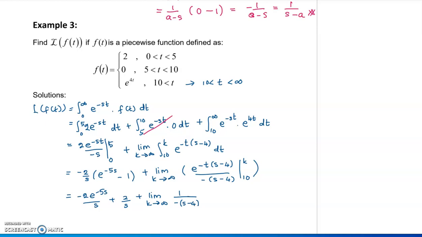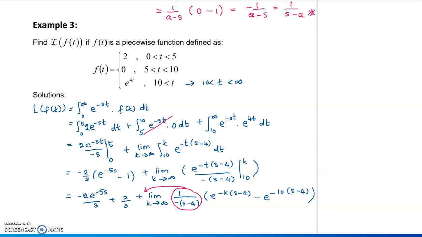And then when t equals k, we have e^(-k(s-4)), minus e^(-10(s-4)). In fact, the correct way to write it, basically we can put aside this fraction before the limit. We can put it in front of the limit.